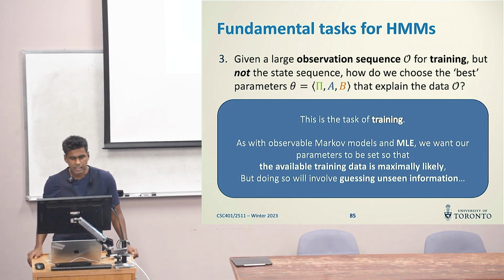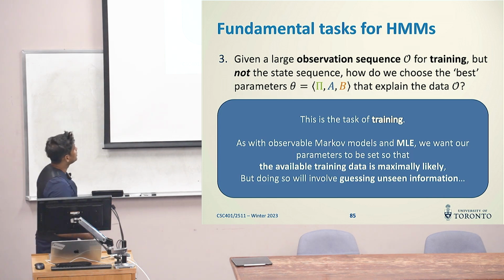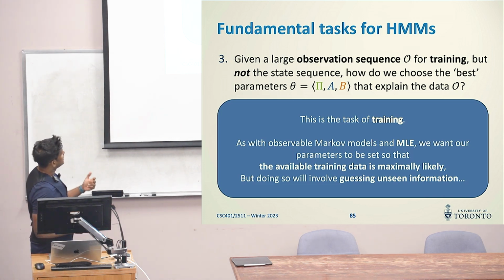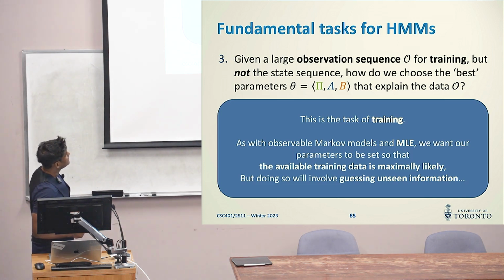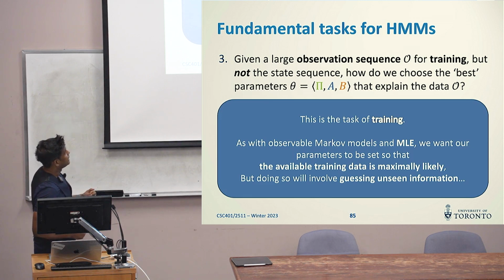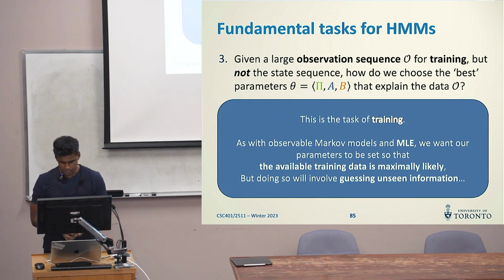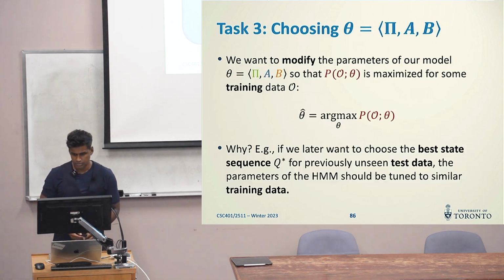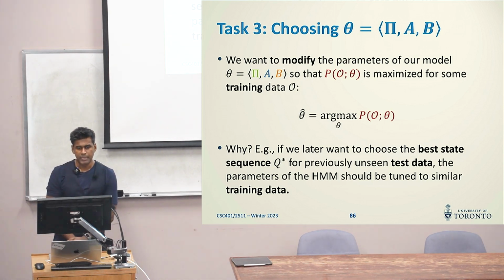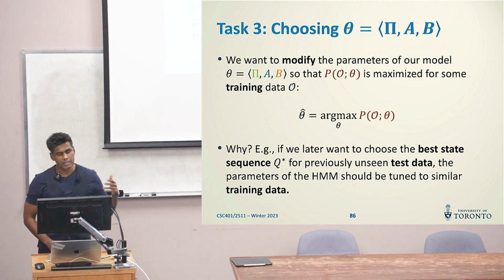But yeah, so essentially in this problem, we have our training data or observation sequence Omicron or O, and we're trying to reparameterize, to get the theta star, which consists of the initial state probabilities, the transition probabilities, and the emission probabilities. Okay, so we want to modify the parameters of our model theta so that our observation likelihood is maximized for some training data.